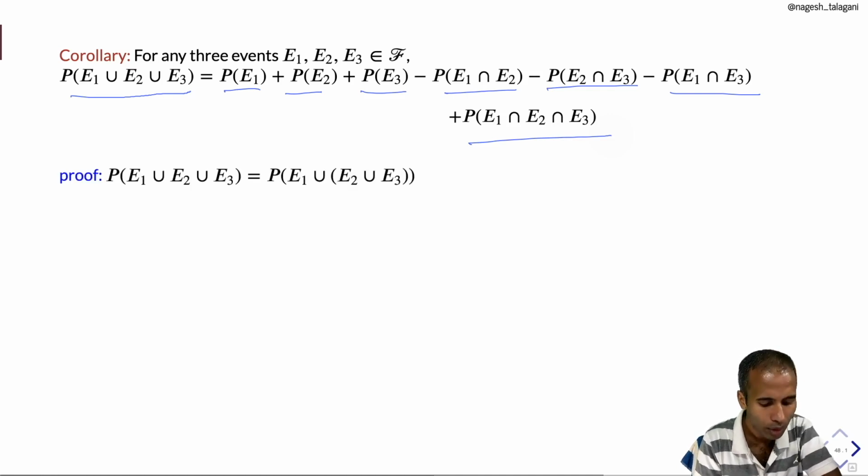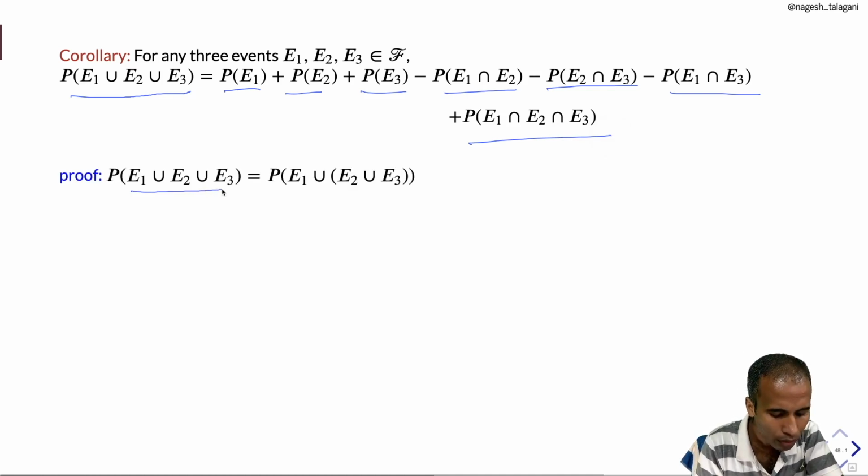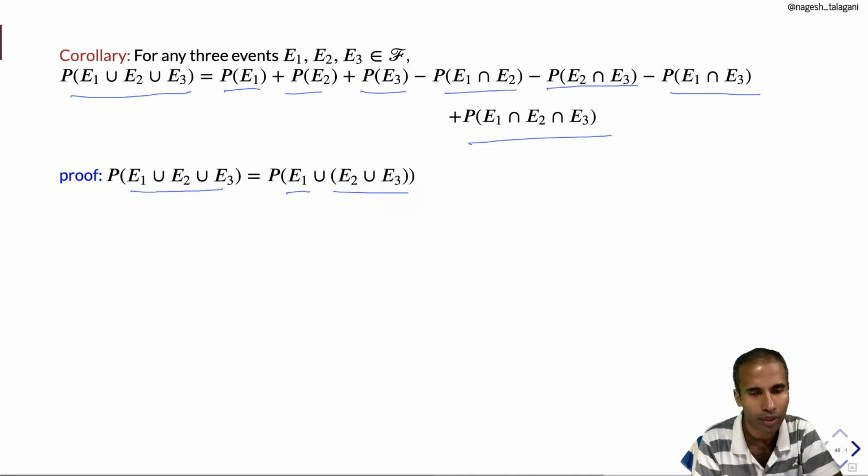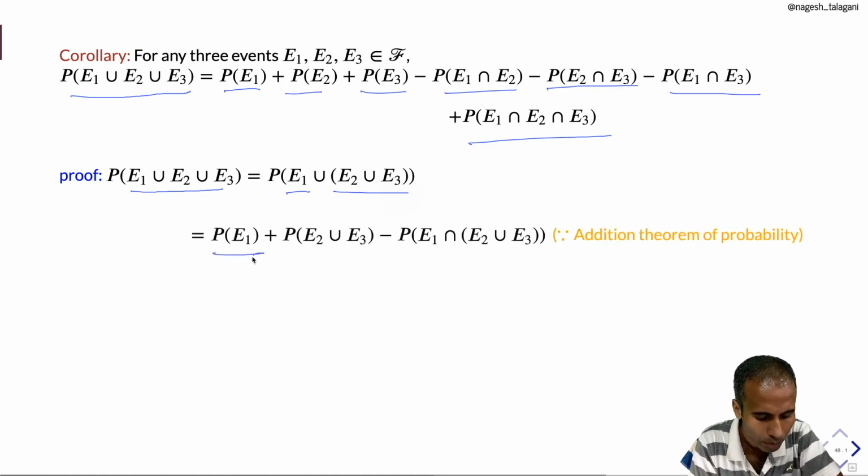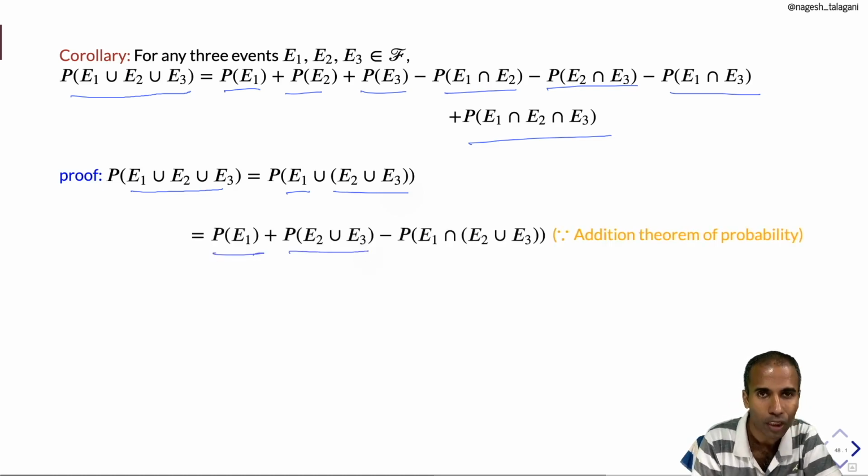So what we do is, we see E1 union E2 union E3 as E1 union (E2 union E3), a union of two events. Now let's apply the addition theorem for two events to E1 and E2 union E3. Then we will write probability of E1 plus probability of E2 union E3 minus probability of E1 intersection (E2 union E3).